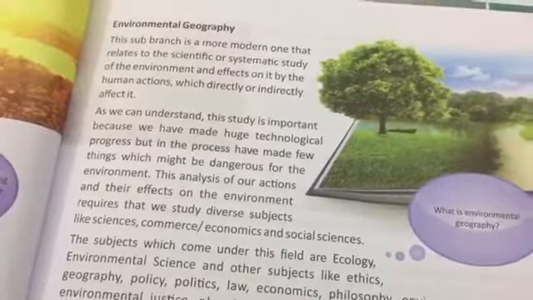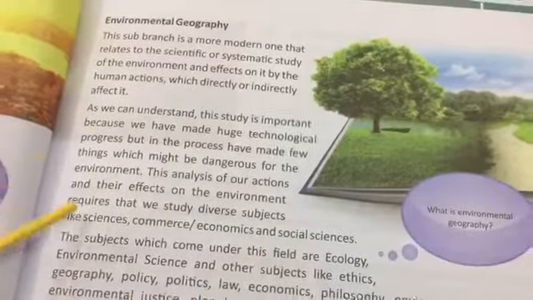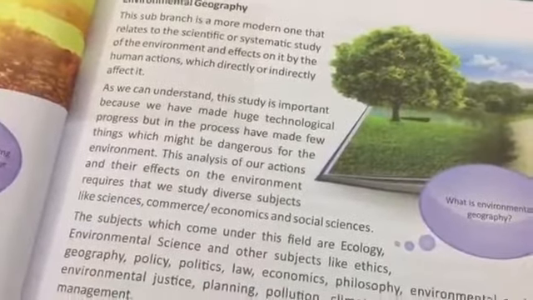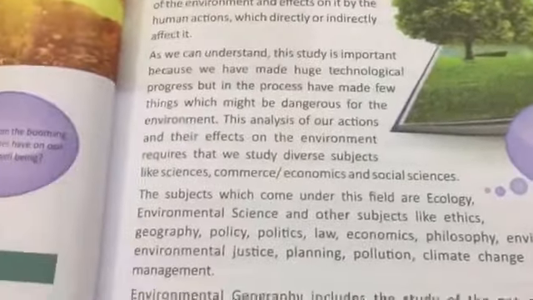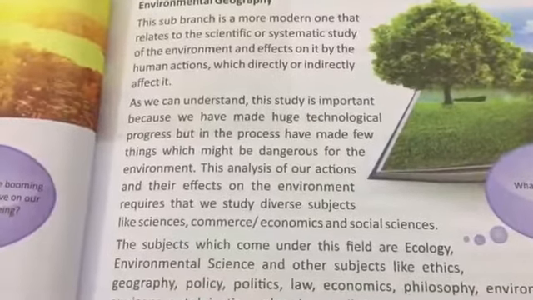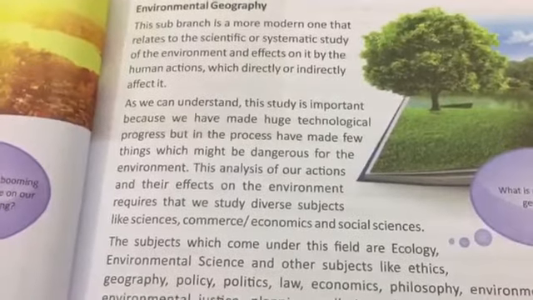When we will be studying the sciences and the commerce and the economics and the social sciences, we will try to find out, and we will develop the techniques, the ways, the methods to prevent the environment from being damaged.